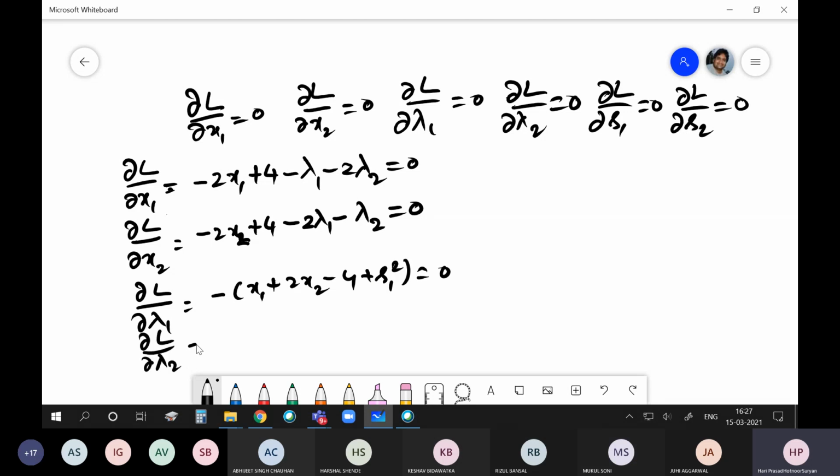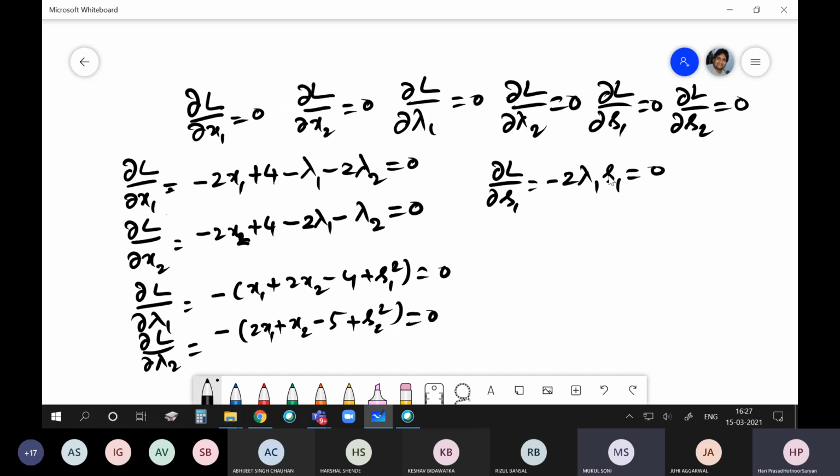Dou L by dou lambda 2 is equals to minus of 2x1 plus x2 minus 5 plus s2 square is equals to 0. Then dou L by dou s1 is equals to minus 2 times lambda 1 s1 is equals to 0. Dou L by dou s2.